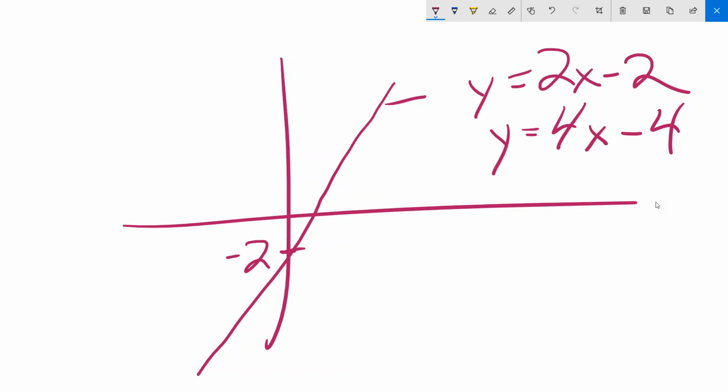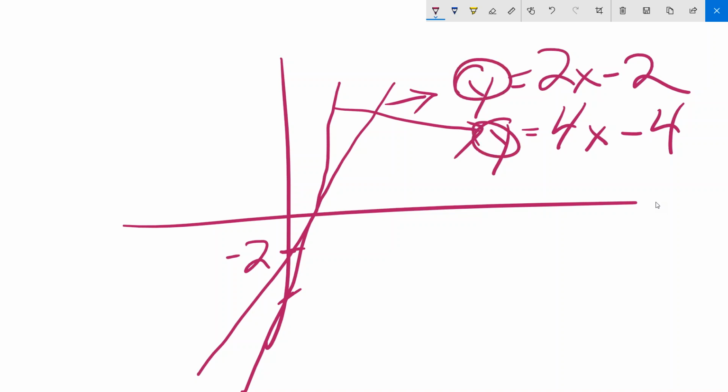Notice that they have different zeros. Oh, they have the same zeros. So the example I gave you is not correct. They're not identical. That line is that equation. They happen to have the same zeros. In other words, if I set that equal to 0 and that equal to 0, I get the same answer. The zeros occur when x equals 1.